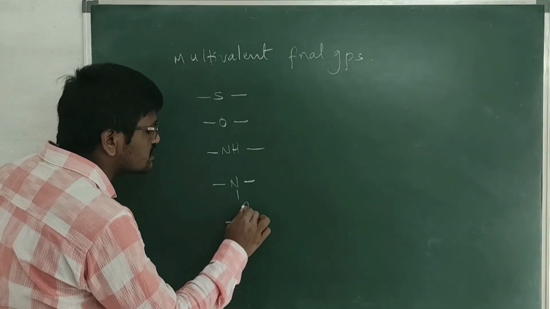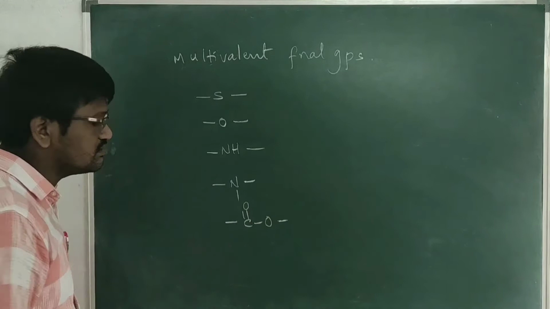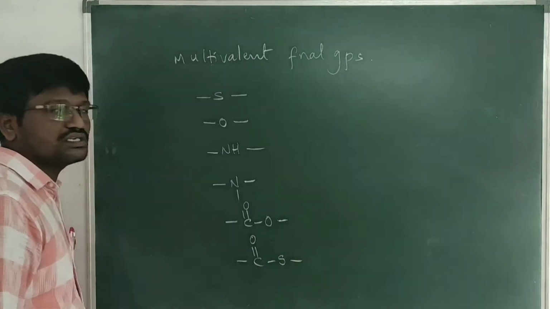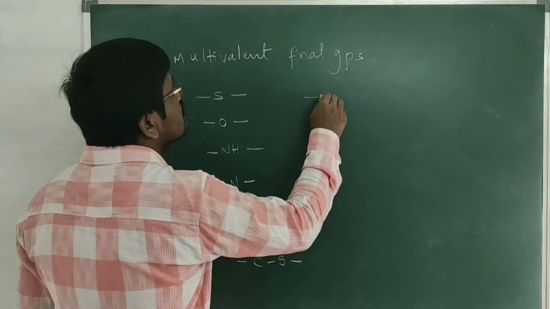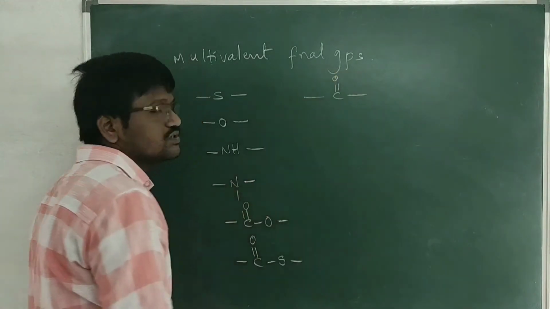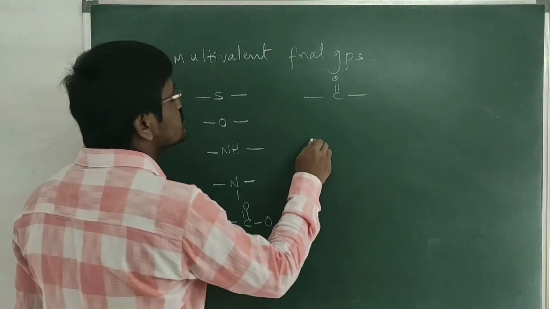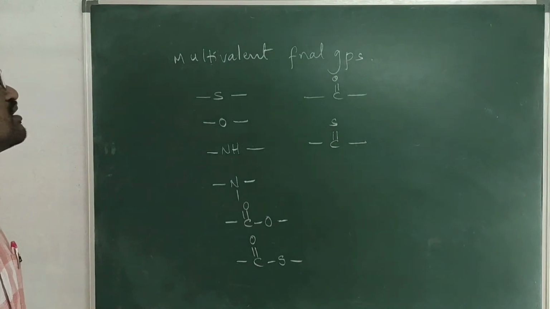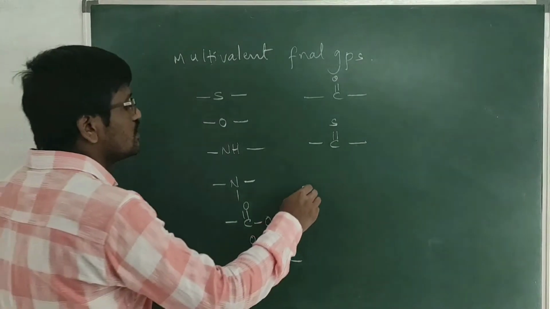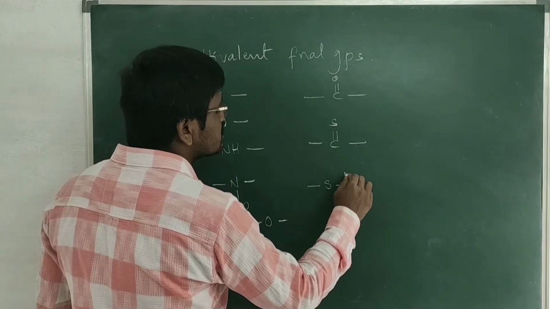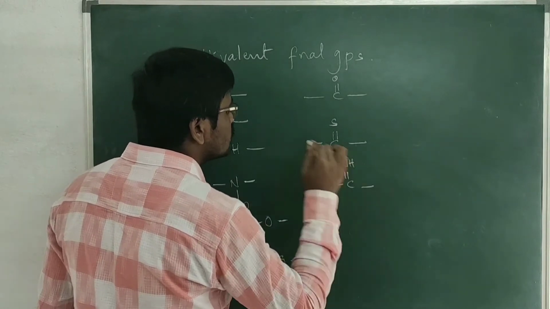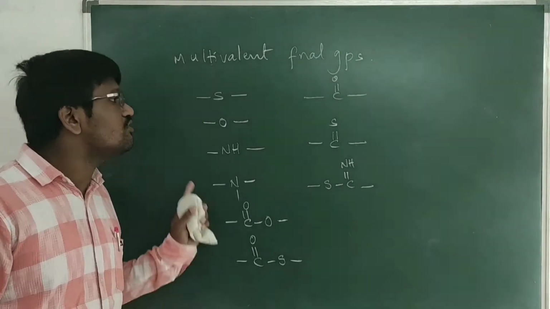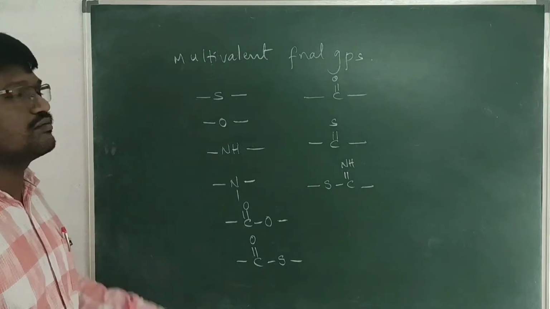And we can take ester, this is the divalent ester, and thioester, and ketones will exhibit metamerism. Thioketones will exhibit metamerism. Also functional groups like this type also exhibit metamerism. So all these, that is trivalent or divalent functional groups, will exhibit metamerism. Okay.